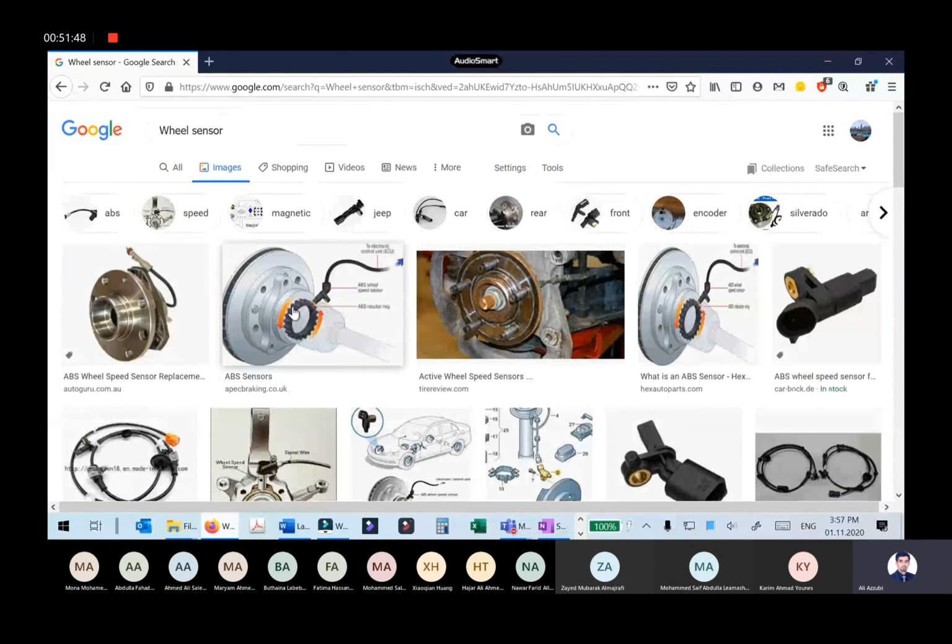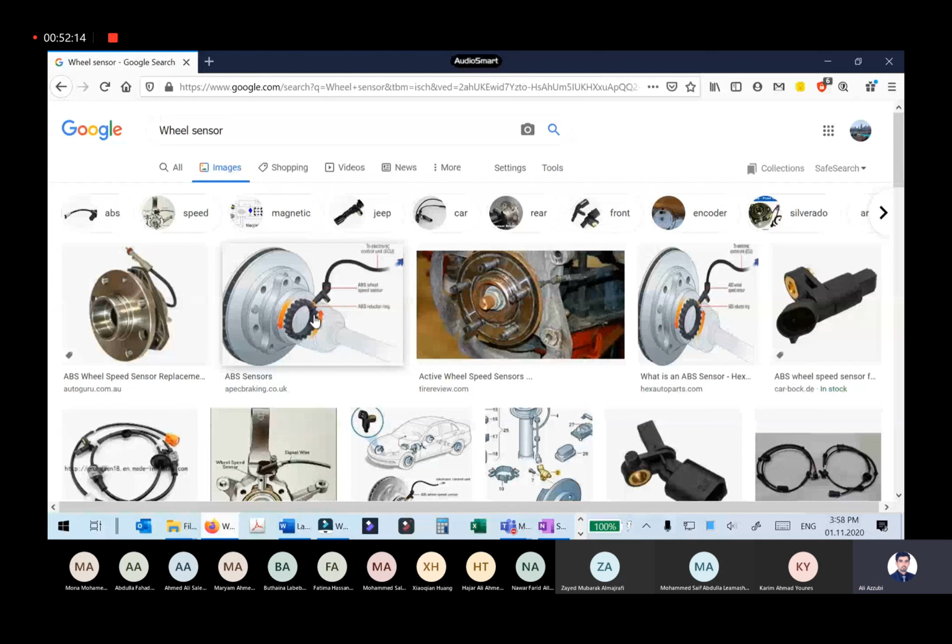Inside the car hub, if you look carefully, you'll see there is a wire connected to your wheel. This wire is connected to a sensor, and this sensor is measuring the angular position, because if we measure the angular position, we can simply calculate the rotational speed of your shaft.